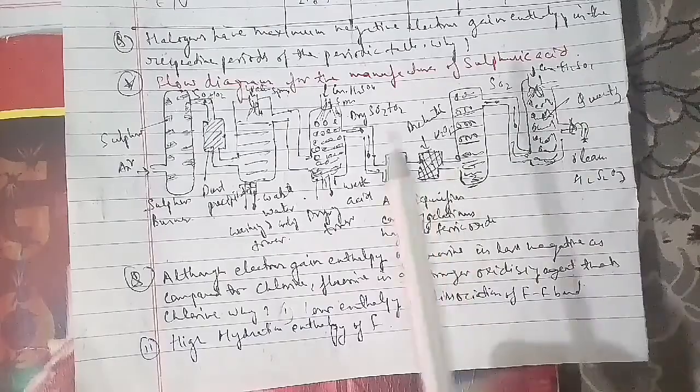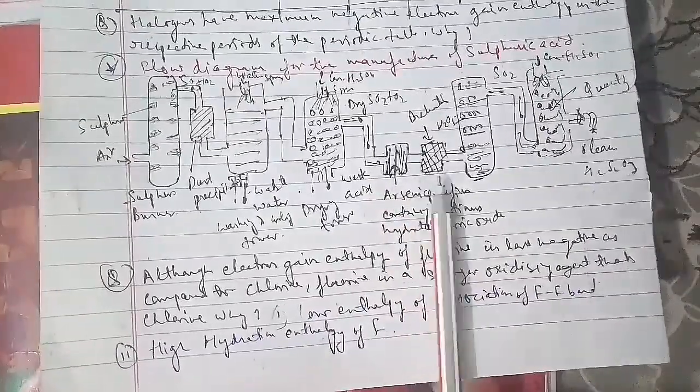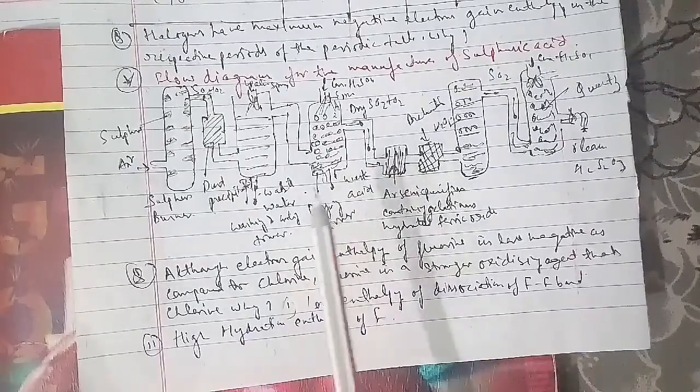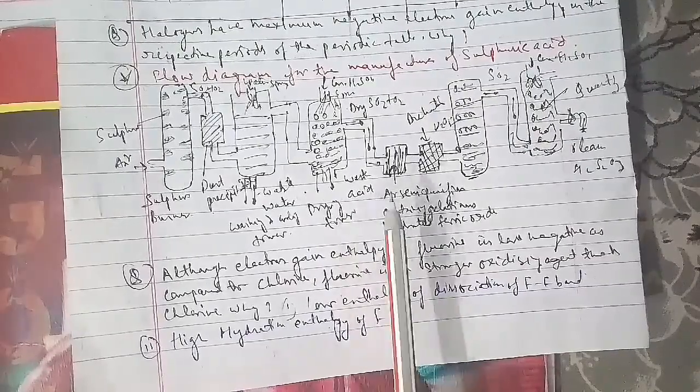Before ending, as I told you, we have completed your sociology and your software engineering as well. Other than that, we have completed your reasoning, which is divided into two parts: verbal reasoning and non-verbal reasoning.